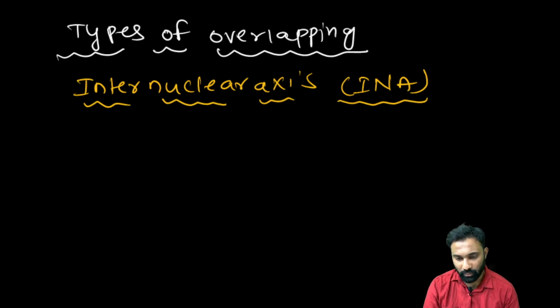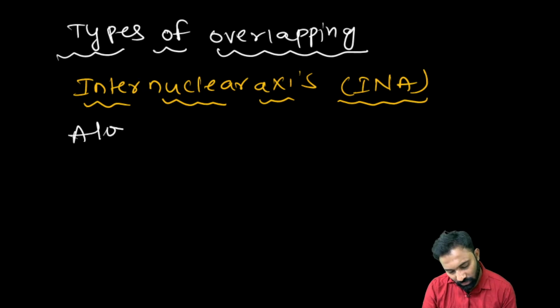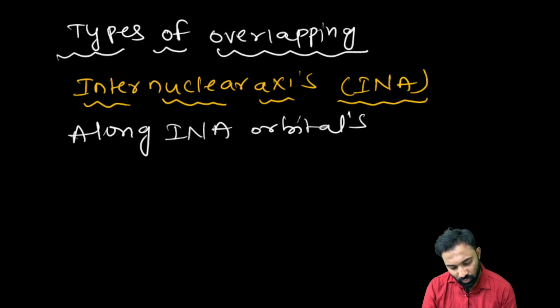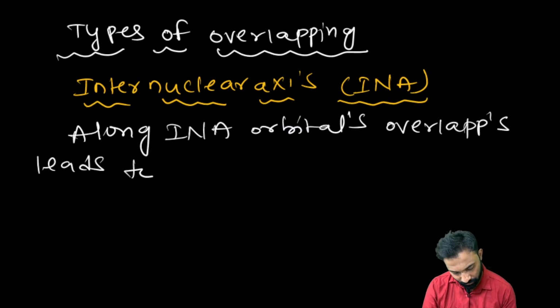Now, along the internuclear axis, the INA, orbitals overlap and lead to give bonds.